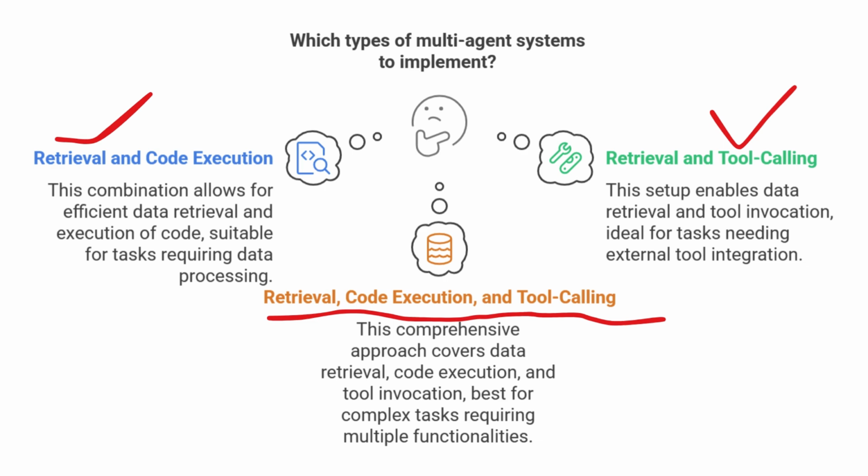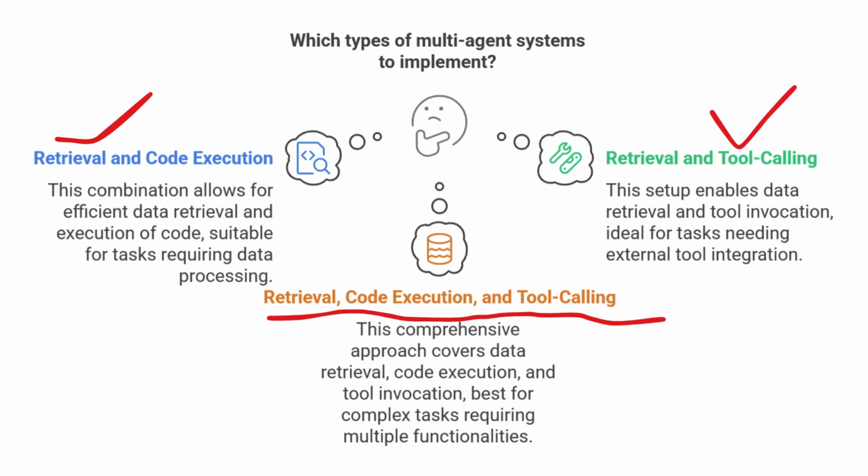For even more advanced AI applications, all three types of agents, retrieval, code execution, and tool calling, can work together. This creates a system that can find information, analyze it, and take action based on the results. Imagine a law firm that wants an AI legal assistant to help with case research.